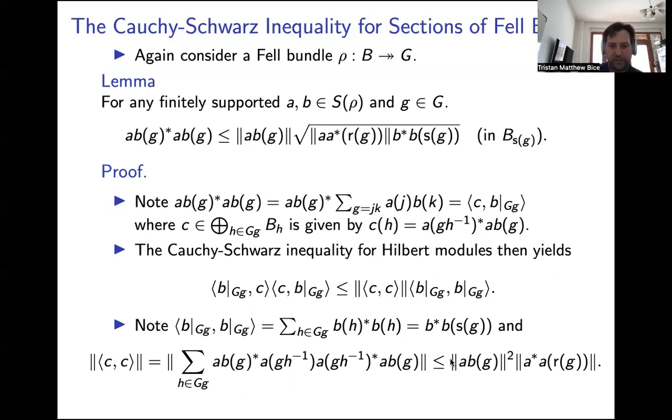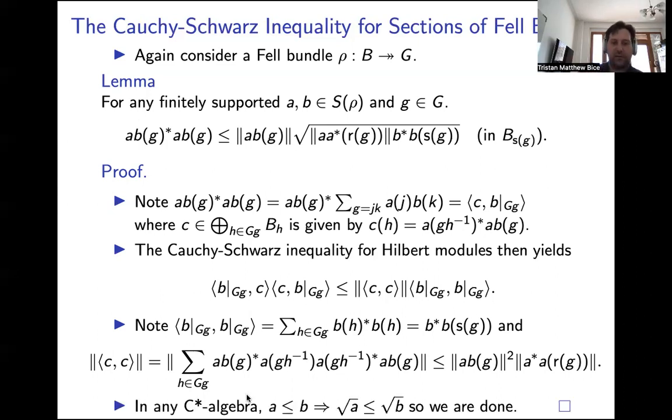So this is really just the norm of ABG squared times the norm of the sum of all these guys, taking the sum over these H's. But again, if you take the sum over these H's, then you'll see that this is really just the same thing as the convolution of A star A, but this time at the range of G, not the source of G. And then you have it.